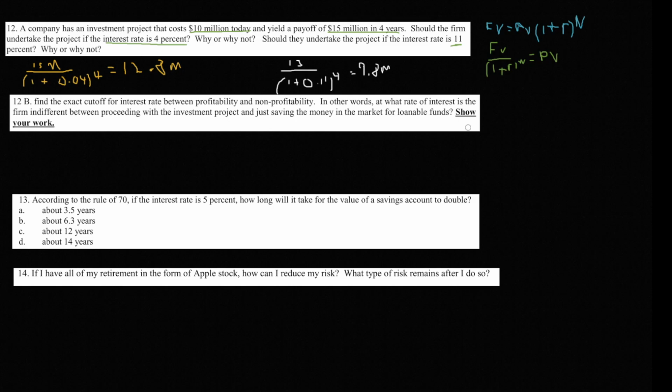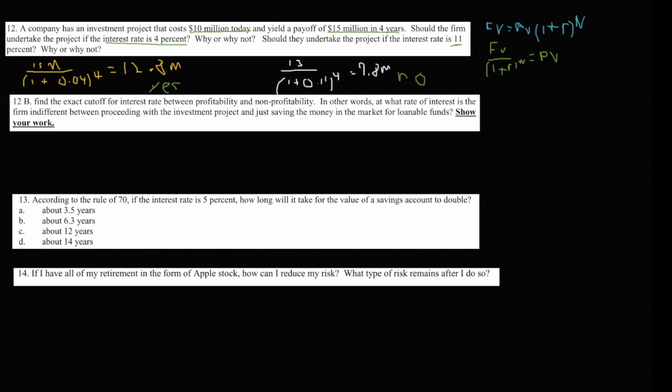At the end of the time, they will have lost money on this. So no, they will not make the investment for this one. So yes for the 4% interest rate, and no for the 11% interest rate.